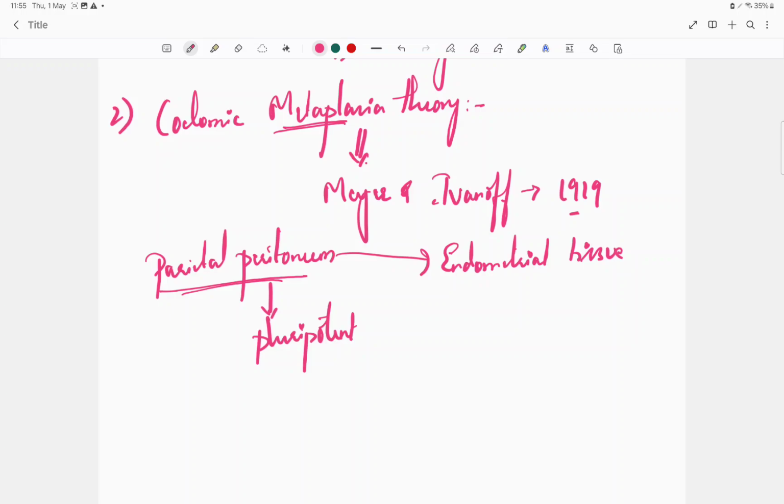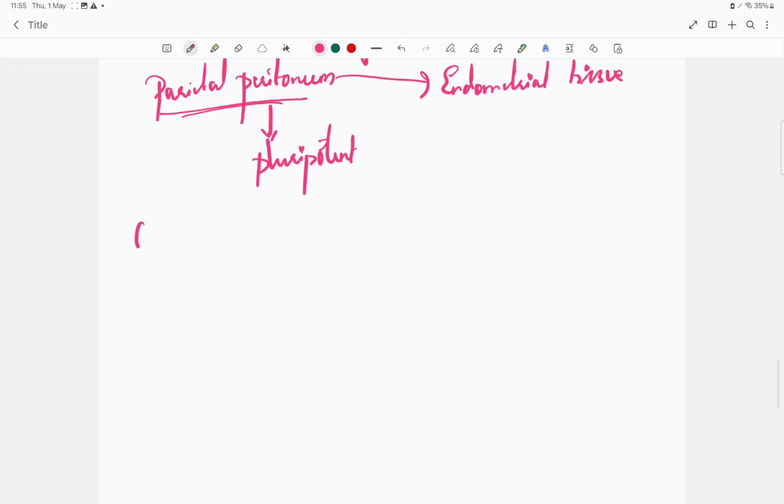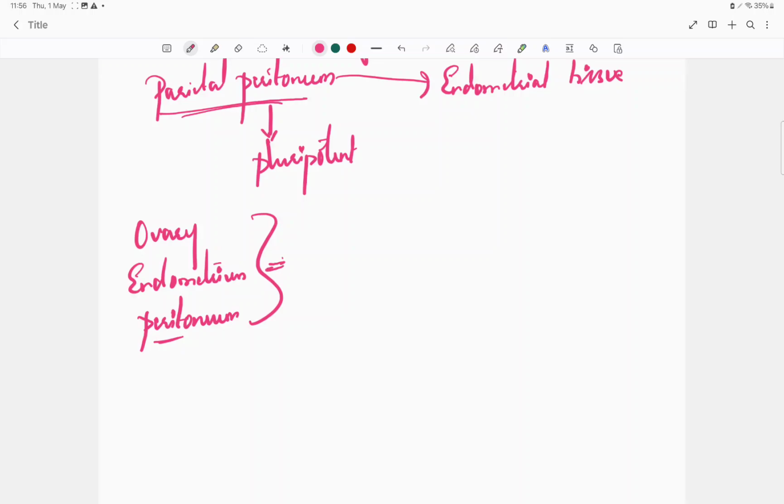That is nothing but called metaplasia. And now, the epithelium present on the ovary, the endometrium and the peritoneum all arise from the same totipotent coelomic epithelium. What are the things? One is the ovary, one is the endometrium, and the next is the peritoneum, generally meaning pelvic. All these three arise from the same totipotent coelomic epithelium.